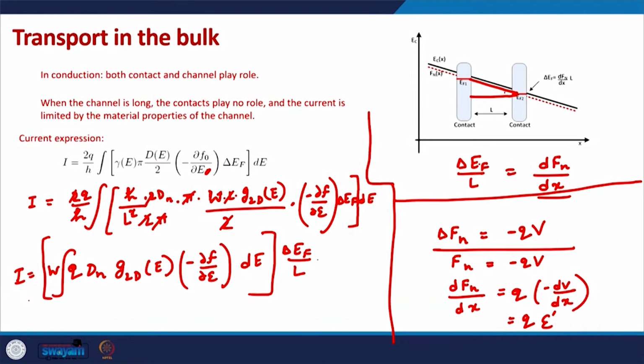So dFn by dx is essentially Q times E prime. E prime is the electric field across the bulk conductor.